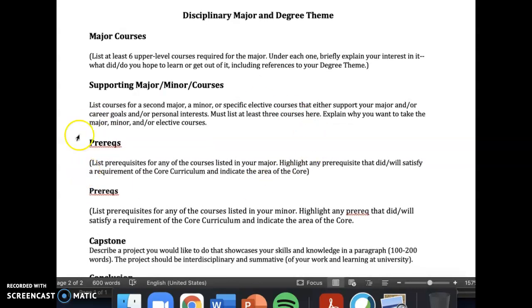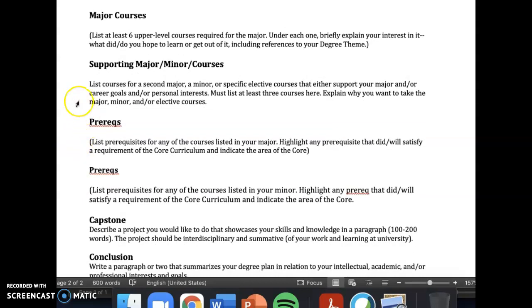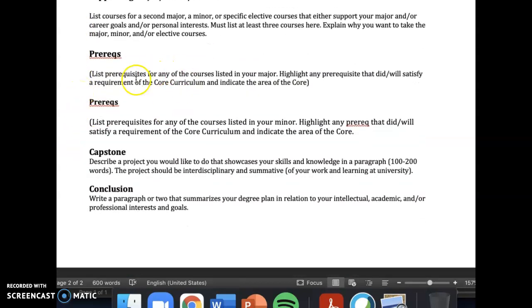And you'll want to explain why you want to take these courses. List the prerequisites for any of the courses for your major or any of the other ones that you want to take. And then think about a capstone you might like to do. You're not going to be held to this. Nobody's going to show up at your house and say that your capstone didn't align with what you did in XIDS 2000, but it certainly helps to think about it.